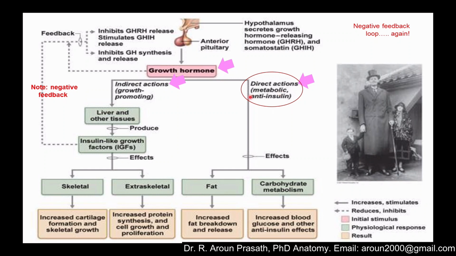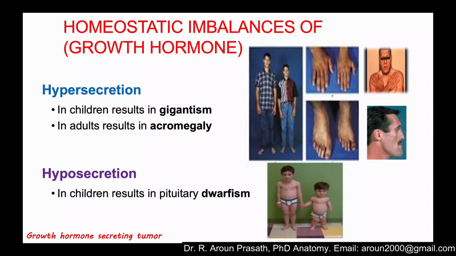So this growth hormone is controlled by a negative feedback mechanism. Then homeostatic imbalance, as I told you: if there is imbalance in homeostasis, then hypersecretion, the increased secretion of growth hormone, leads to gigantism. You can see this increased growth.